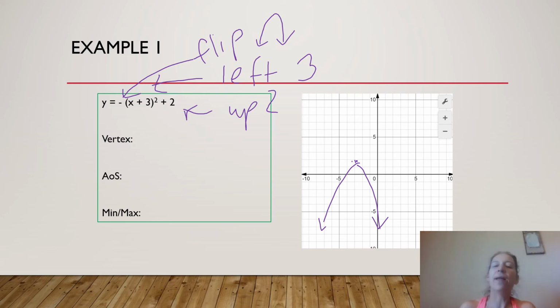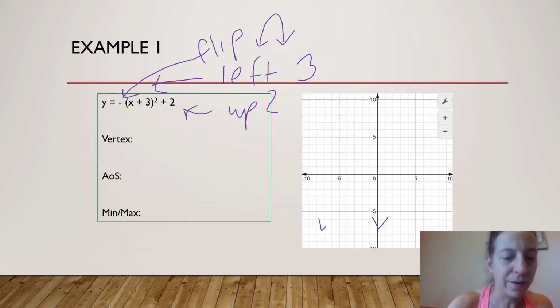Now, in this particular type of problem, those key things are the vertex, the axis of symmetry, and whatever the minimum or maximum is. Remember that vertex is a point. It is a location. It is, in this case, that location. Okay, this might be easier with the highlighter.